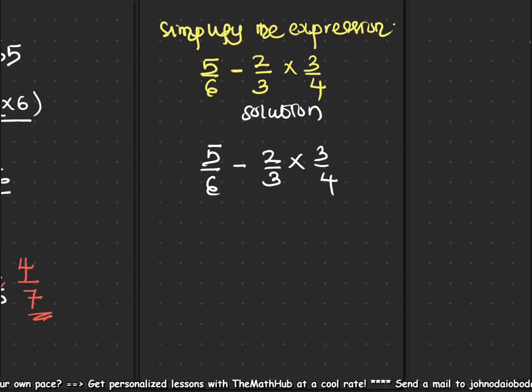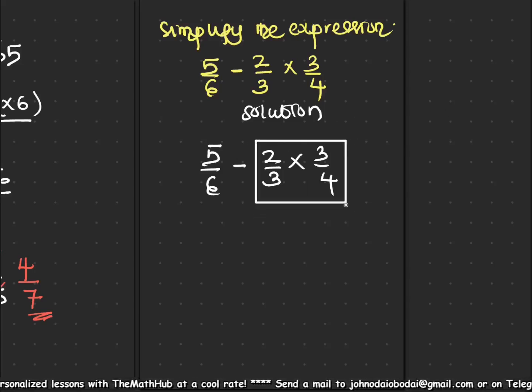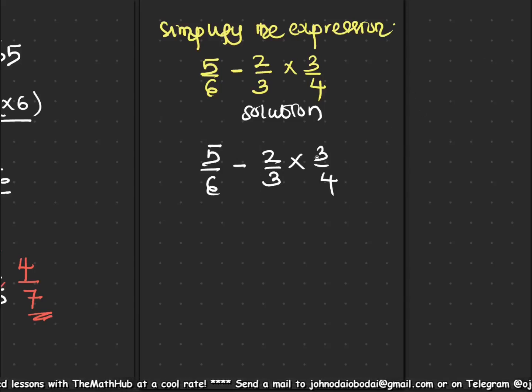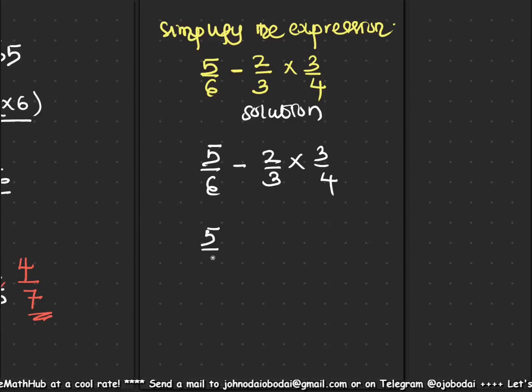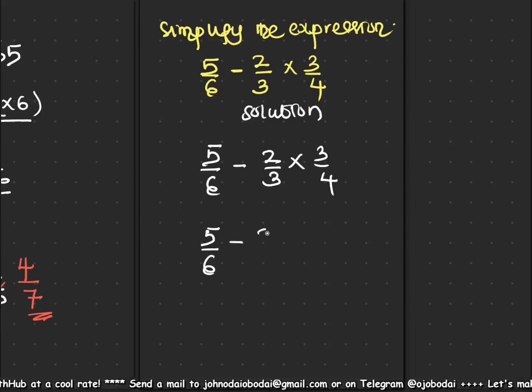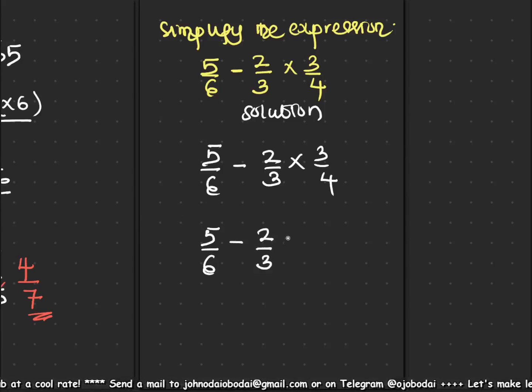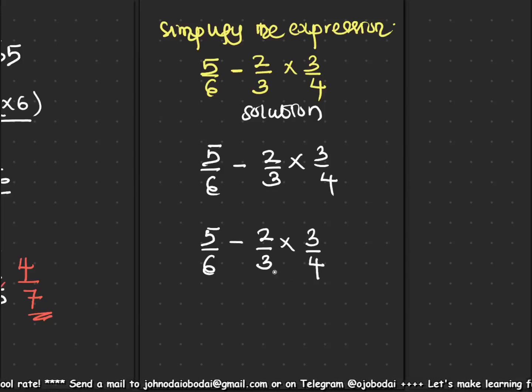Based on the BODMAS, we have to solve for the multiplication first. We are solving this first. That simply means we are just going to write this first fraction as it is. That is 5 over 6 minus 2 over 3 times 3 over 4.